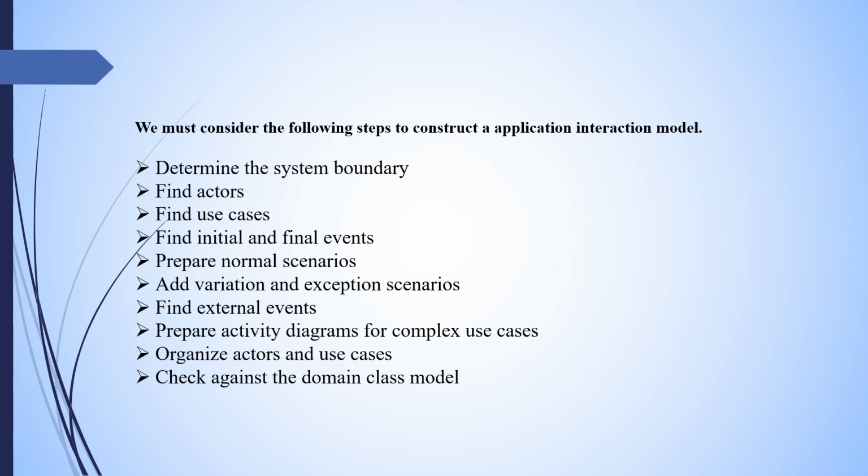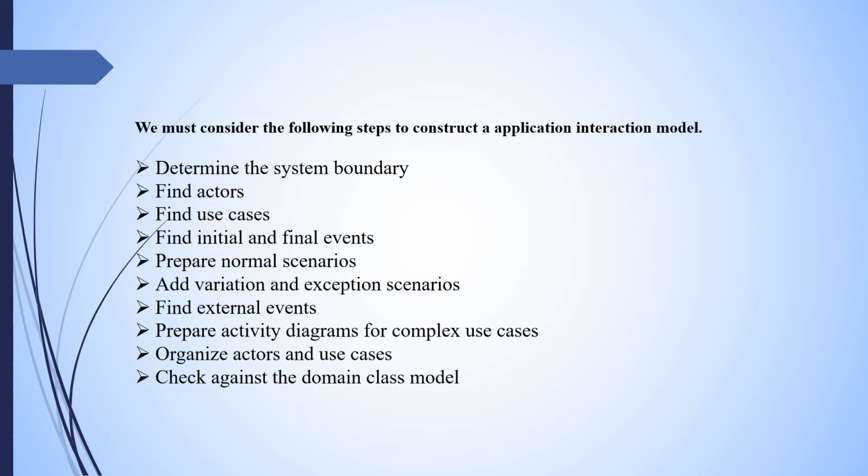The first one to construct an application interaction model is to determine the system boundary. We must know the precise scope of an application, the boundary of the system, in order to specify the functionality. This means that we must decide what the system includes and, more important, what are all the necessary measures. If the system boundary is drawn correctly, you can treat the system as interaction with the outside world.